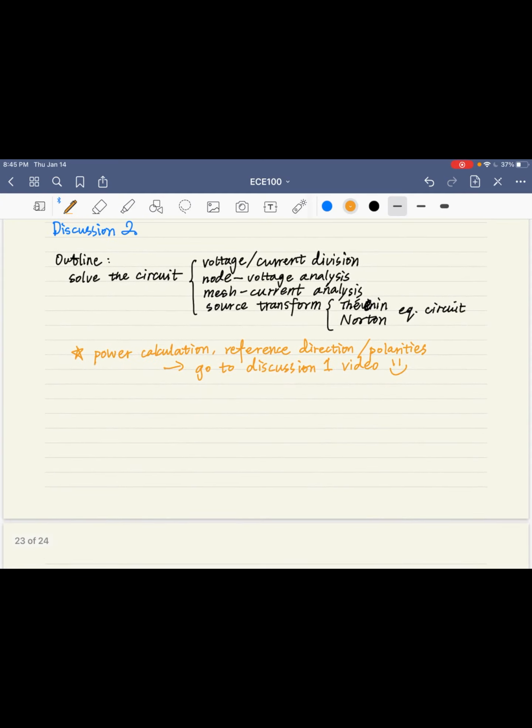In chapter 1, we learned how to compute the equivalent values for a set of resistances, whether they are in parallel or in series. The equation we get is: resistances in series, their equivalent resistance will be their sum, right?